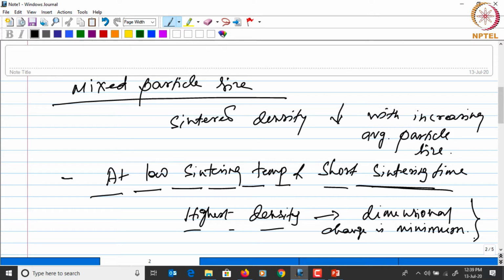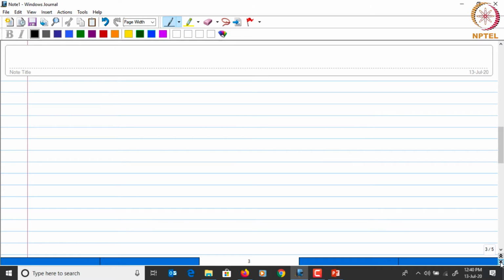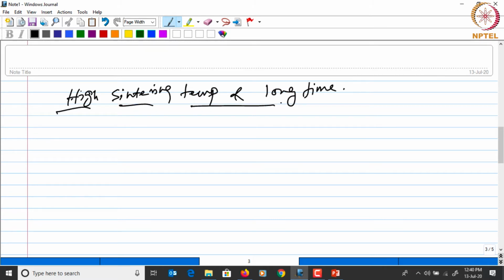But when you are on the other side of the sintering cycle, that means at the high temperature side and long sintering time, then the situation is going to change. Here the benefit that you had at the lower temperature side is not that prevalent.